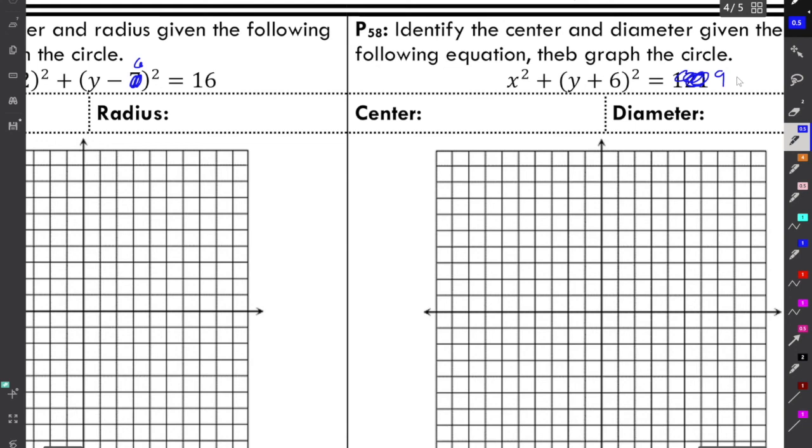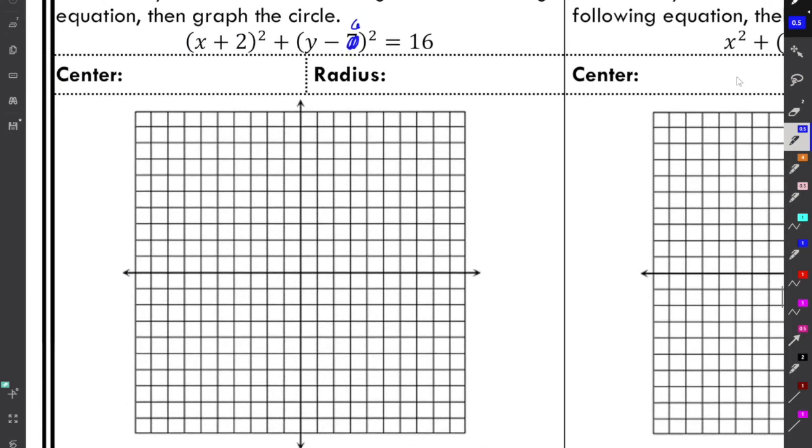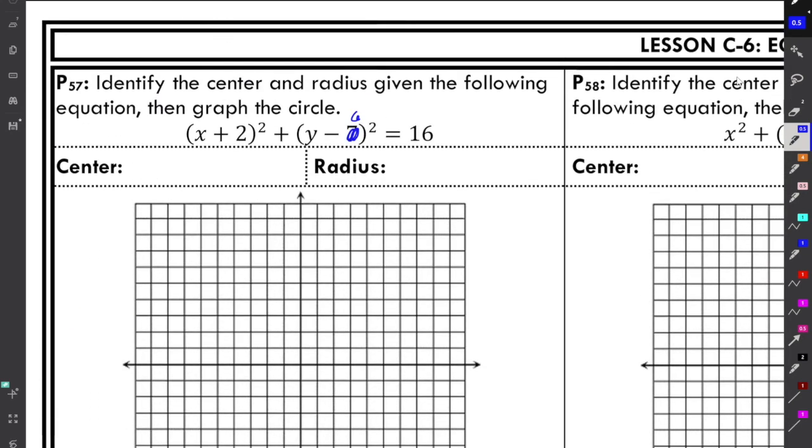Alright, cool. So first, remember our equation of a circle in standard form is x minus h squared plus y minus k squared equals r squared. Okay, the center from this equation is just the h comma k.